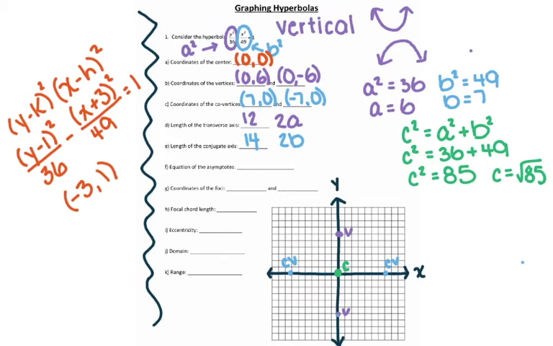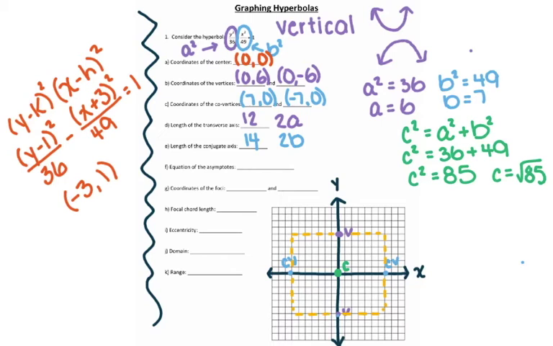So you're going to want to use dashed lines when you're drawing it. Okay, so I'm going to go as far to the left and right as the co-vertices, and I'm going to go as far up and down as the vertices. Okay, so there's my rectangle.